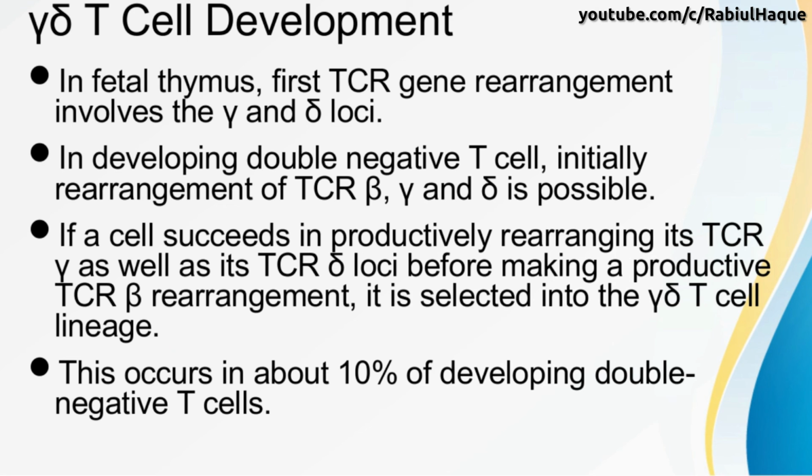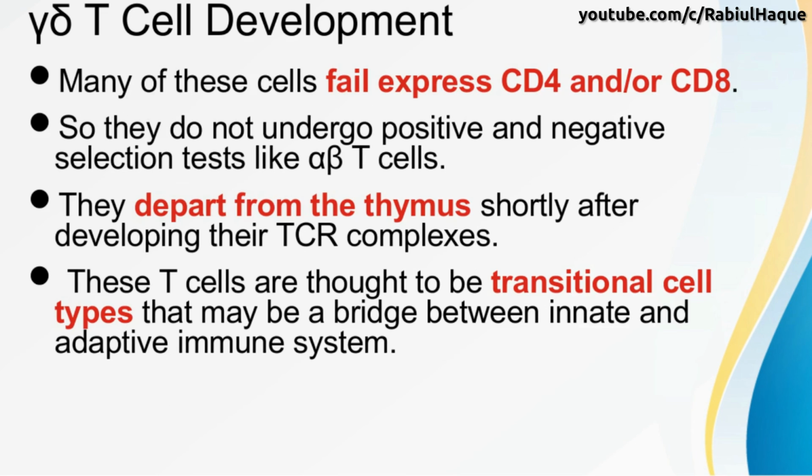If a cell succeeds in productively rearranging its T cell receptor gamma as well as its T cell receptor delta loci before making a productive T cell receptor beta rearrangement, then it is selected into the gamma delta T cell lineage, and this occurs in about 10% of developing double negative T cells.